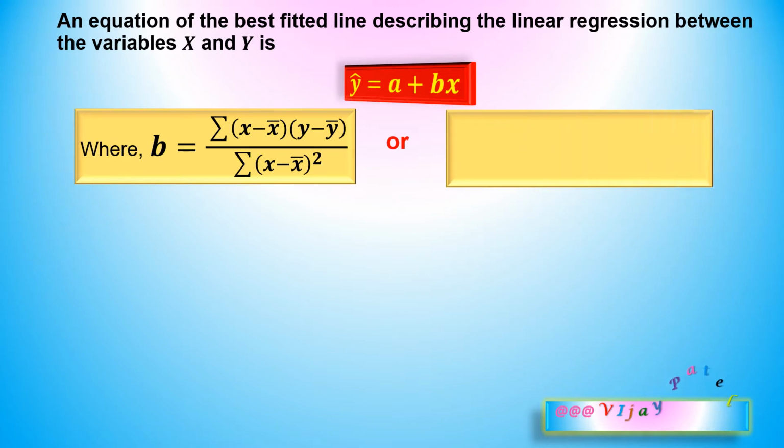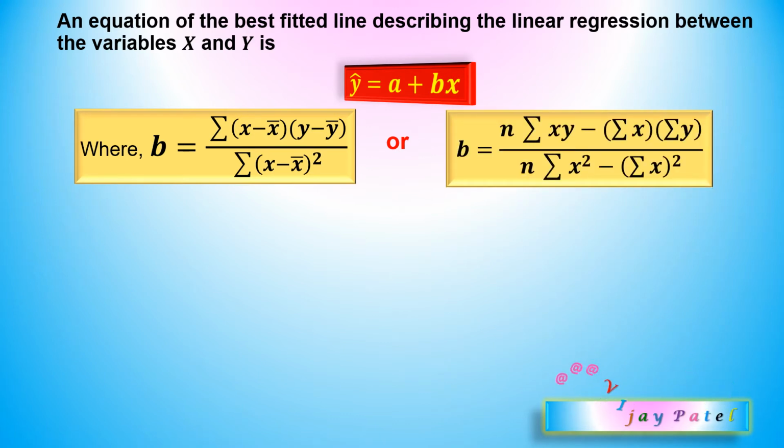Or b is equal to n sigma xy minus sigma x into sigma y upon n sigma x square minus sigma x whole square. This formula can be used when the observations are very small, below 30, or we can square all the observations orally. We also discussed this formula in chapter number 2.